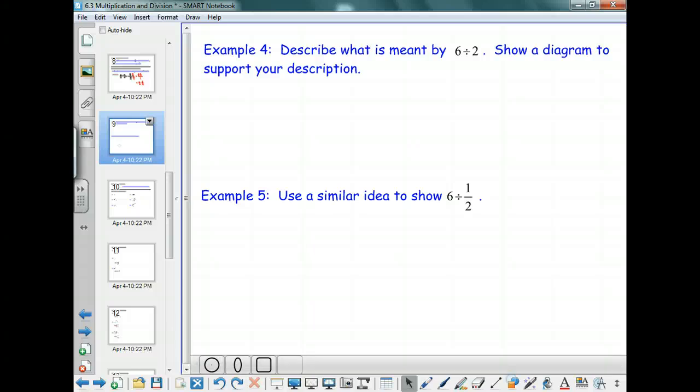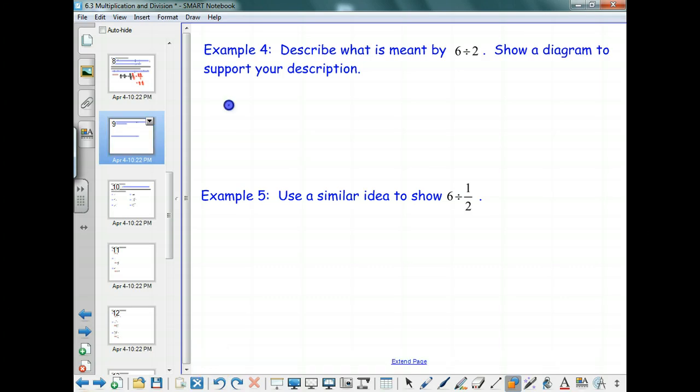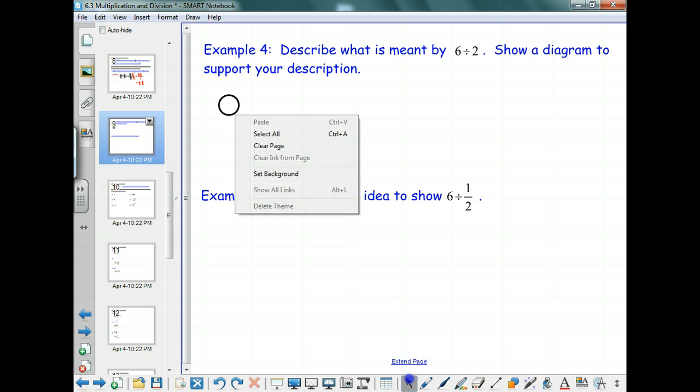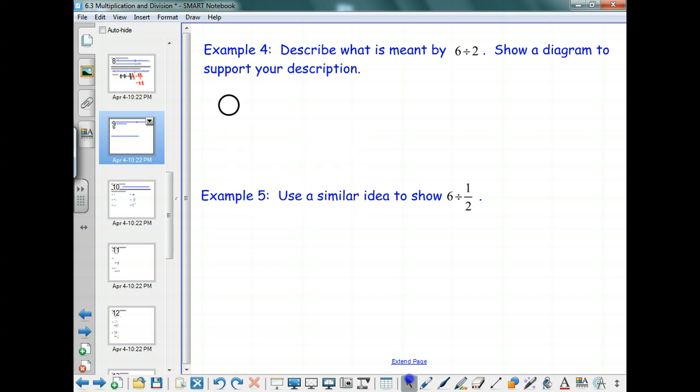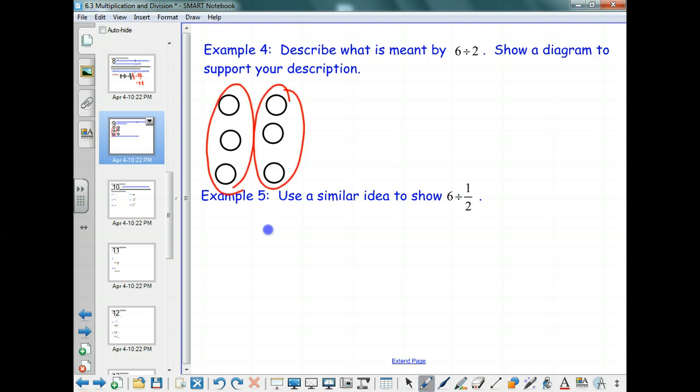So if I have 6 discs, 6 cookies, 6 cakes, whatever you want them to be, what could you do to show me what 6 divided by 2 looks like? What could you do? Two groups. That's one way to do it. Okay, so this is make 2 groups.